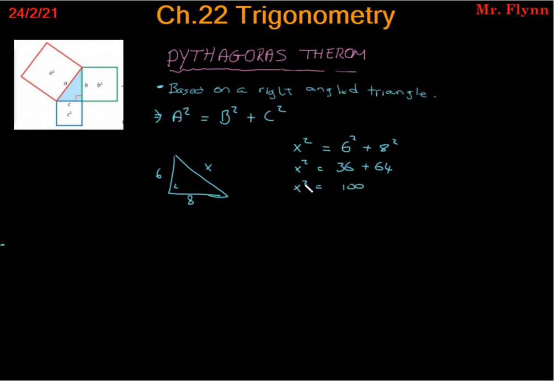And to go from x squared to a single x, we have to get the square root of both sides. Getting the square root of a squared number, we're simply left with x is equal to 10. So the length of this hypotenuse x is equal to 10.